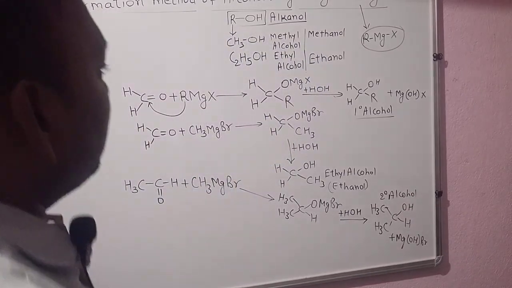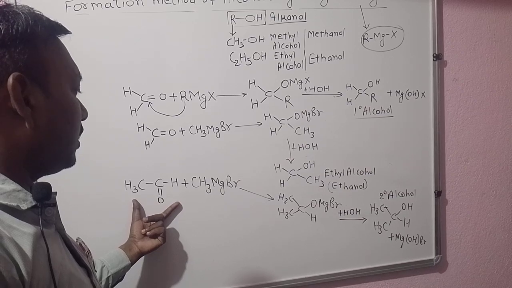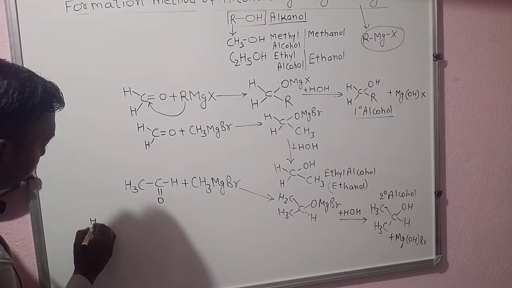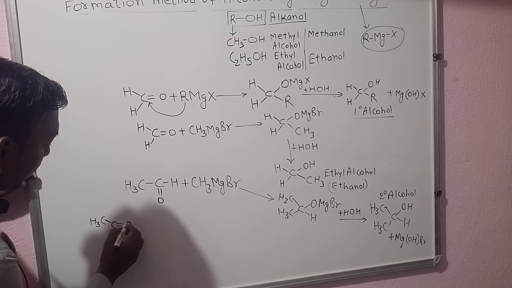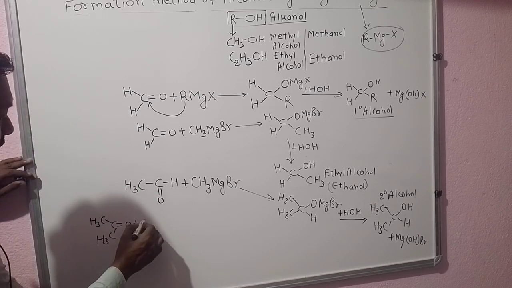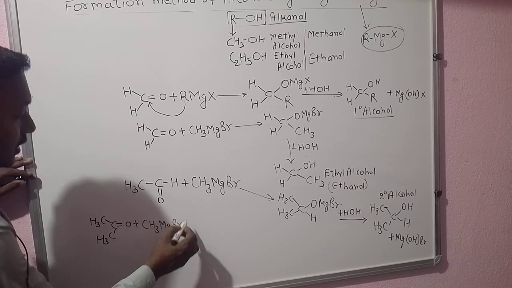At the same time, for formation of 3 degree alcohol, we can take a ketone, CH3 CO CH3, plus CH3MgBr. This is your Grignard reagent.